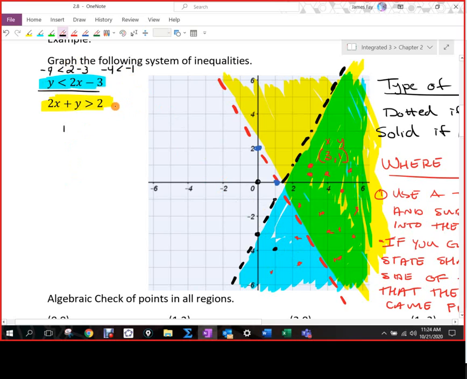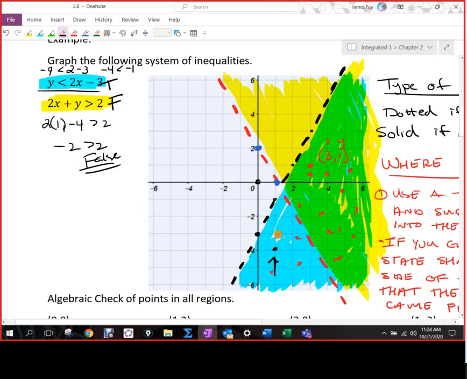But if I plug it into the yellow one, 2 times 1 plus a -4, is that greater than 2? Is -2 greater than 2? That's false, right? So we see that that point right there gave me a true statement for the blue inequality, but it gave me a false one for the yellow. And that's what this graph is representing.